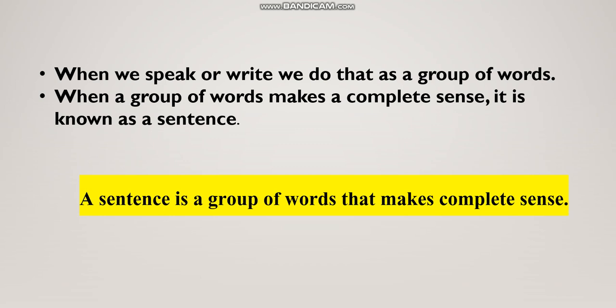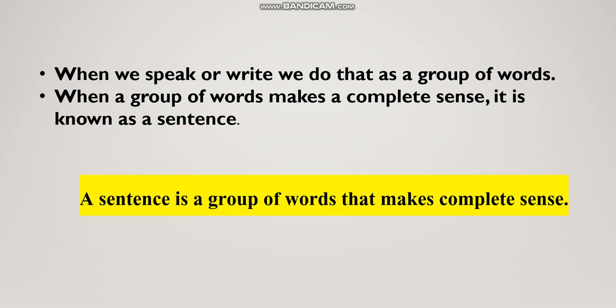Point number 1. When we speak or write, we do that as a group of words. So while speaking, we use a group of words, and when we write something, we write a group of words together to form a sentence. Point number 2. When a group of words makes a complete sense, it is known as a sentence.